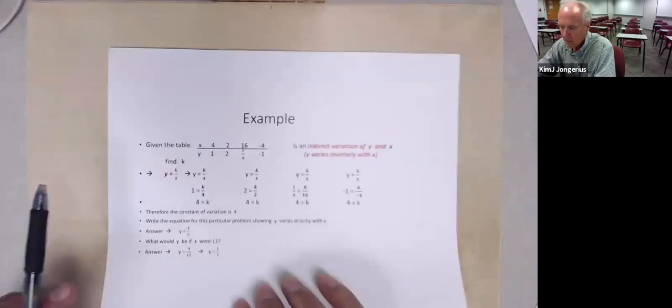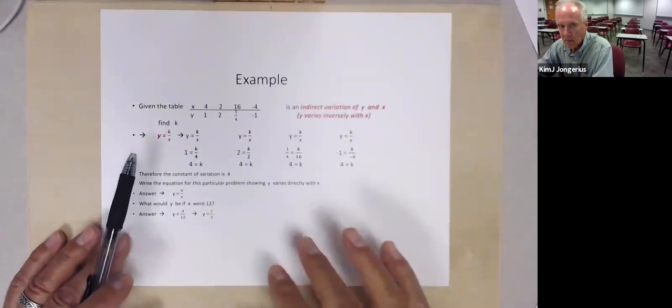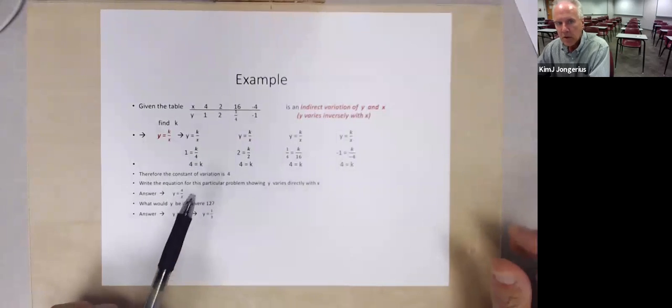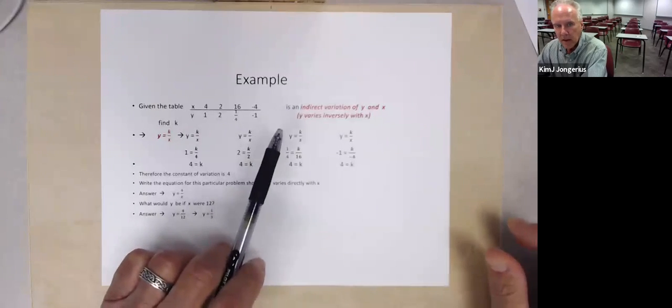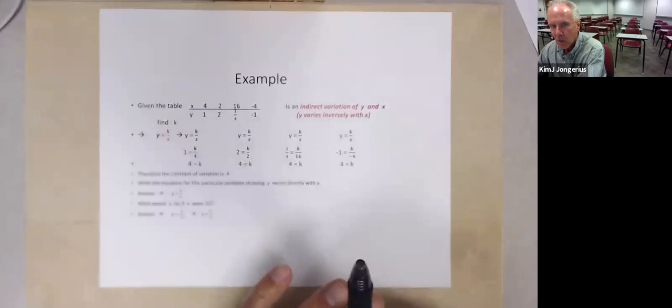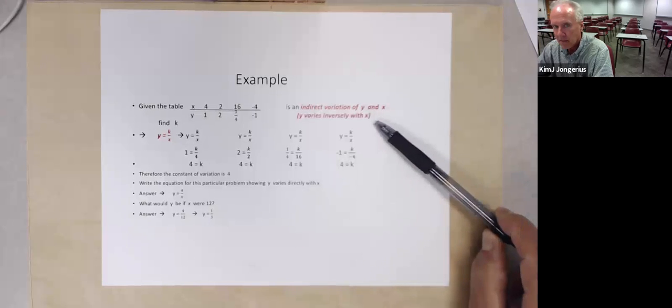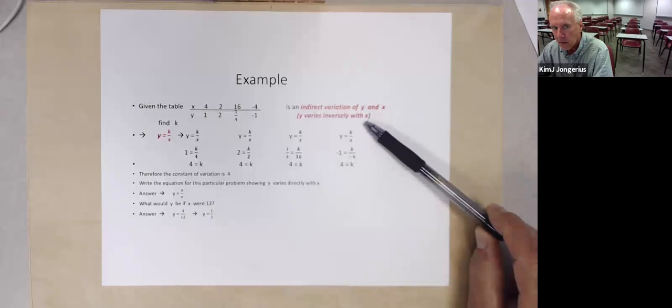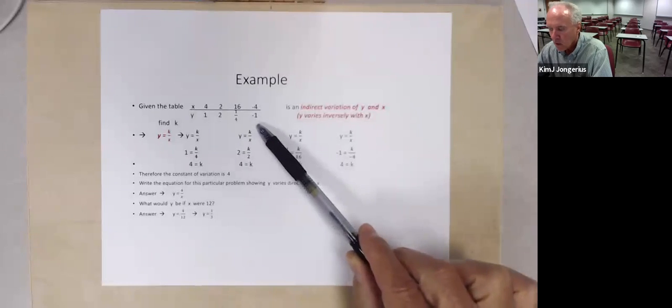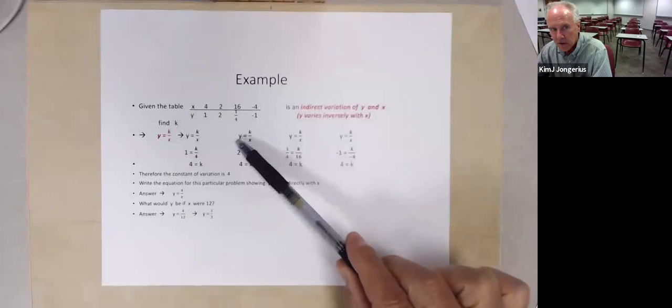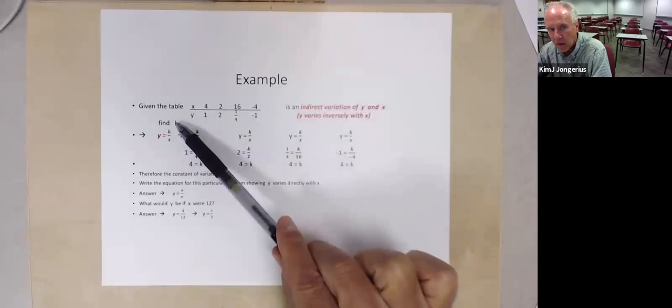Let's take an example. Here we're told that it is an indirect variation of y and x. Y varies inversely with x. We're given a multiple set of coordinates to figure out what our k value is.